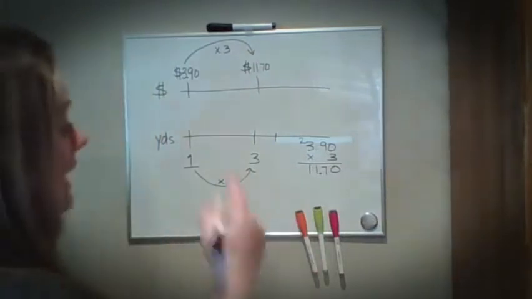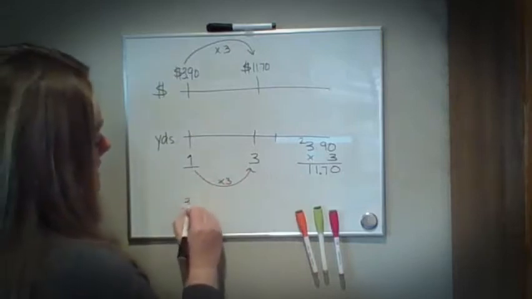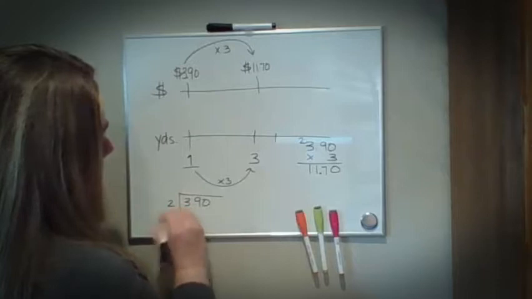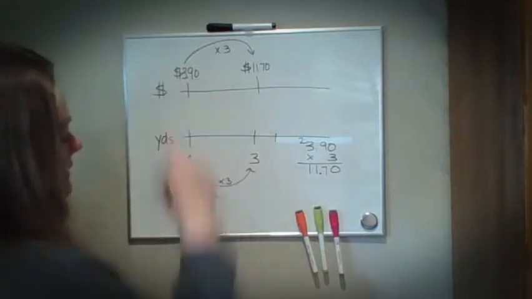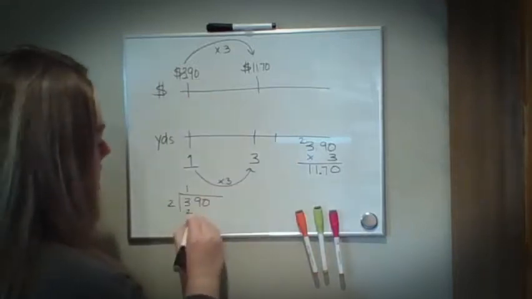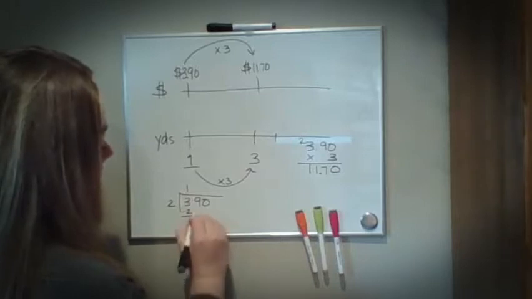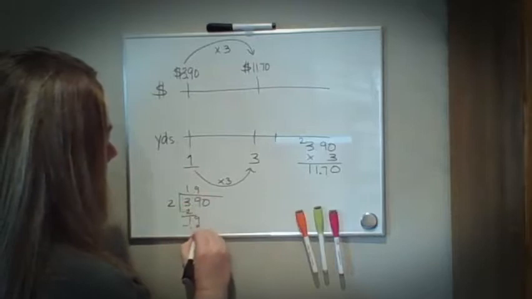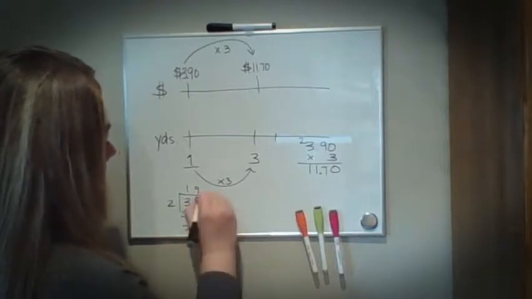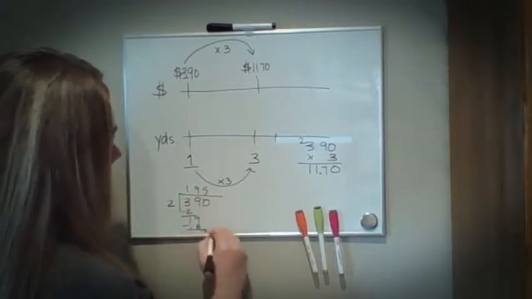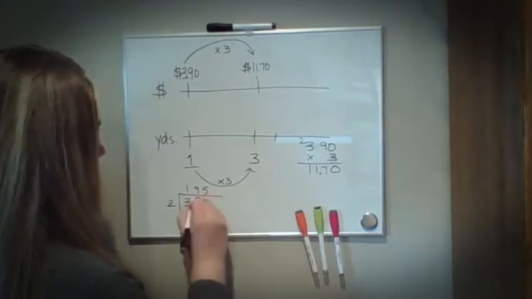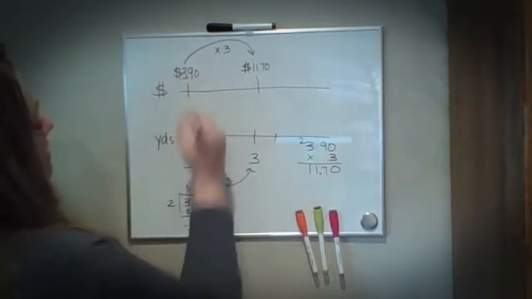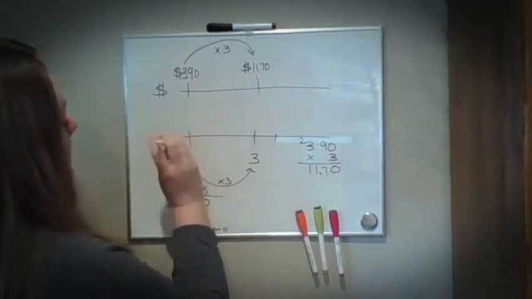So I'm going to find half of $3.90. $3.90 divided by 2, or half of that, is $1.95. So if I really wanted to, I could go all the way back here.